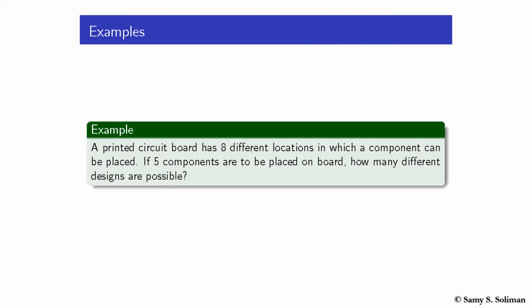Next example, we have a printed circuit board which has 8 different locations, 8 different positions, 8 different holes in which a component can be placed. If 5 components are to be placed on the board, how many different designs are possible?